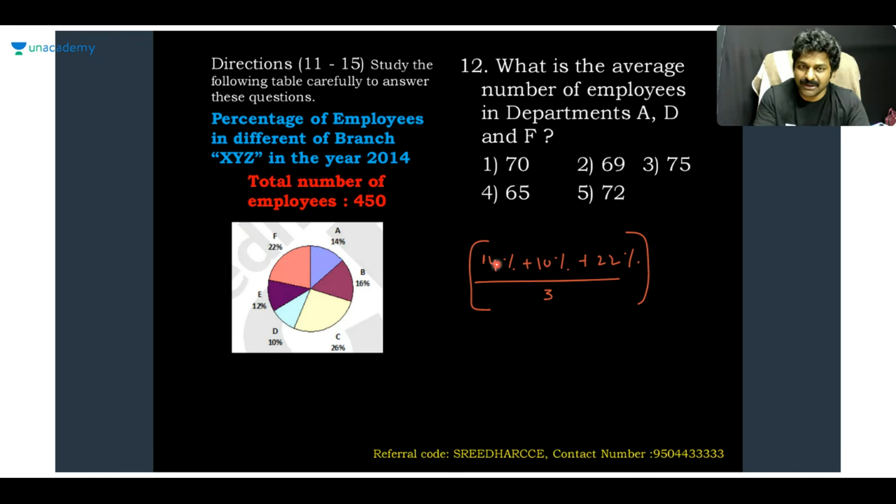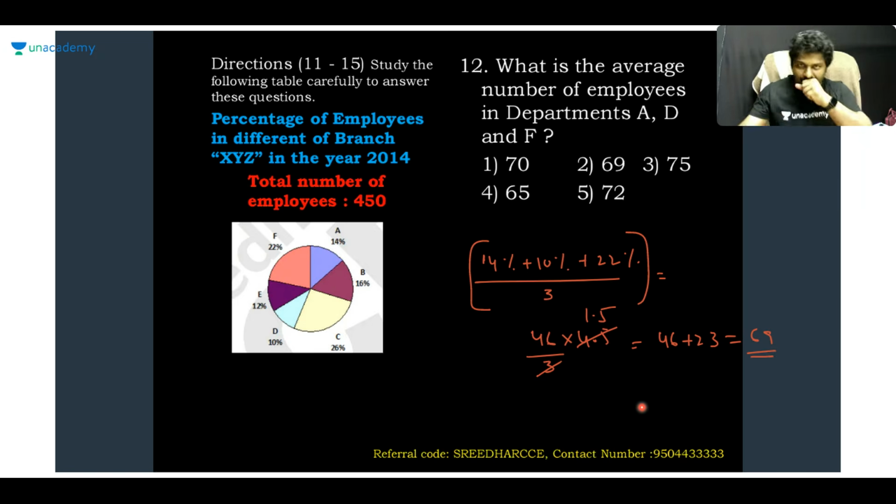Now 14, 10, 24, 24 and 22, that is 46. 46%, that is 46 into 1% of this number is 4.5, divided by 3. 1.5 times of any number is 1 time and then half of that. That is 46 and then 23. Total 69.